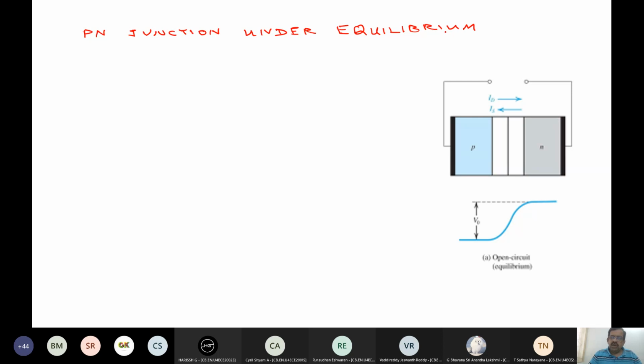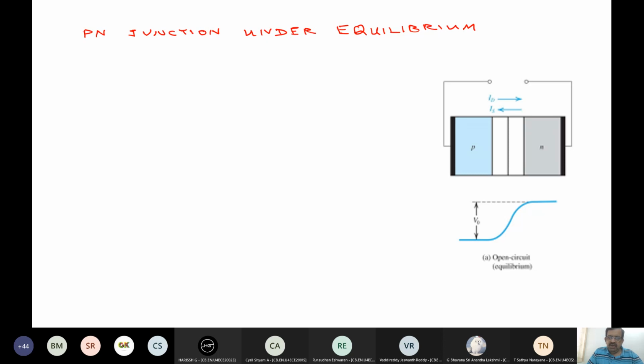We already know what a p-type material and an n-type material are, and when they form a junction, the interesting things that happen in the vicinity of the junction control the behavior of the PN junction later under forward and reverse bias.